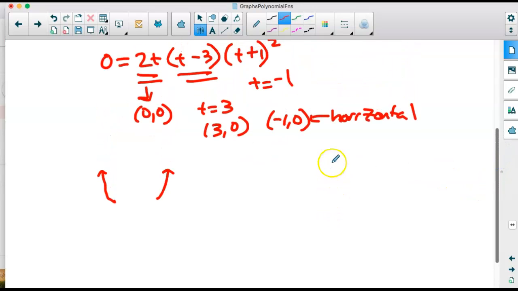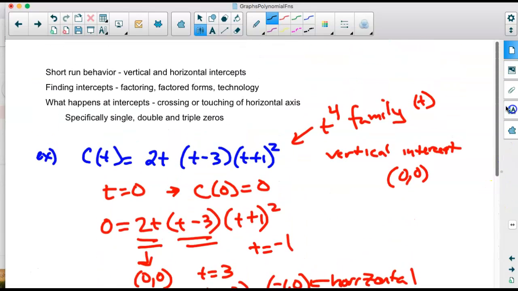We now know, if we're just drawing a sketch of this graph, we know that it goes through 0, 0, goes through 3, 0, and it goes through -1, 0. Now, we haven't talked about crossing and touching yet.